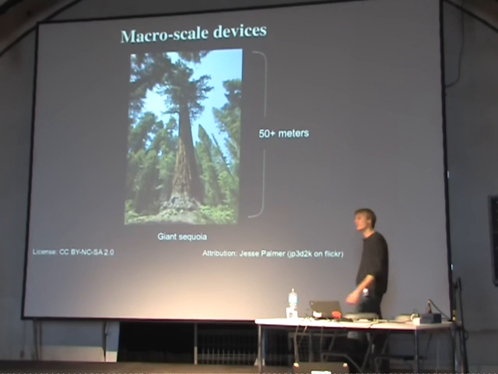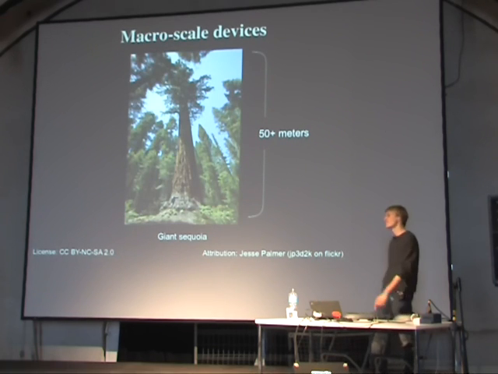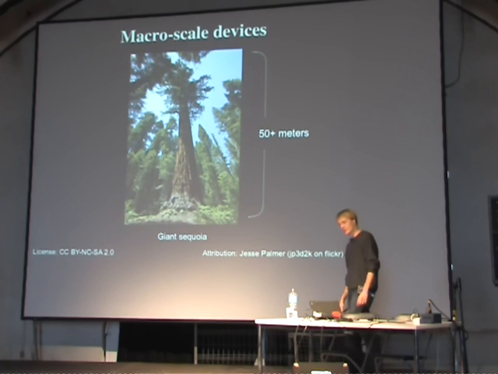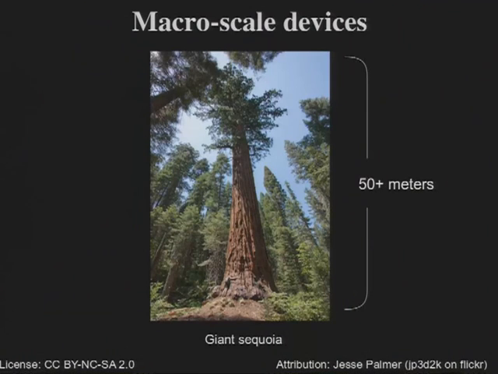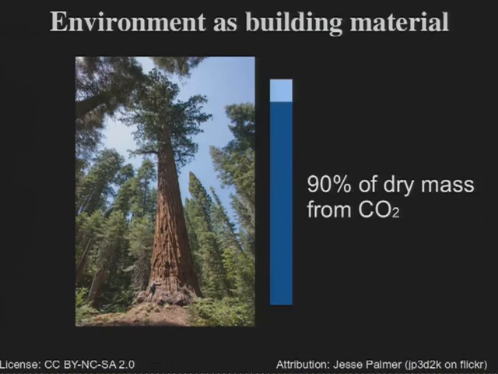And we can use it to build macroscale devices. We see this in nature. We're not quite there yet with the technology, but we know the capability is there. Biology, you can use the environment itself as the building material. This tree, 90% of its dry mass is from CO2, carbon and oxygen from CO2.